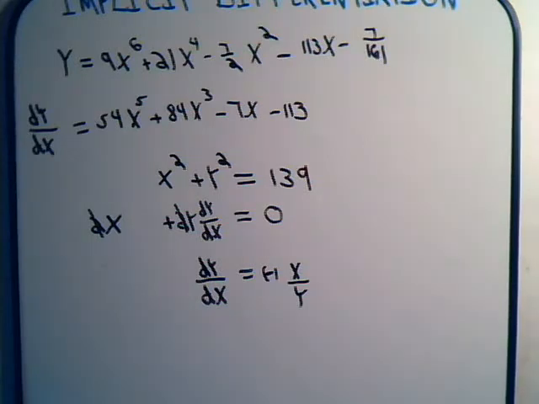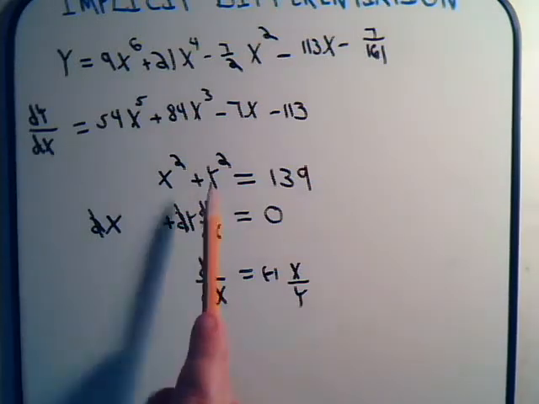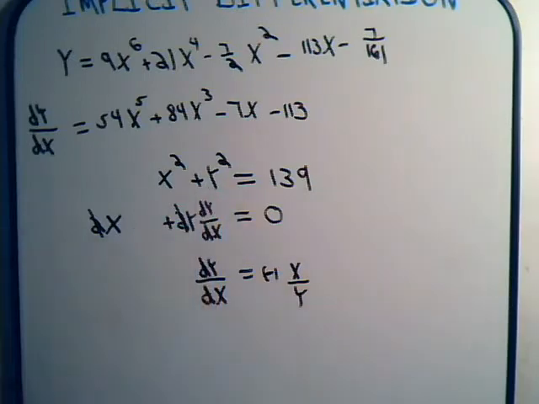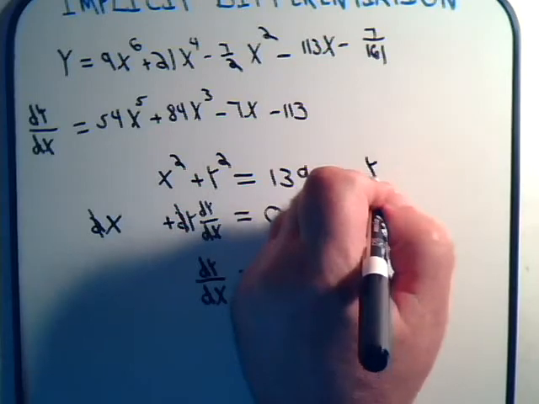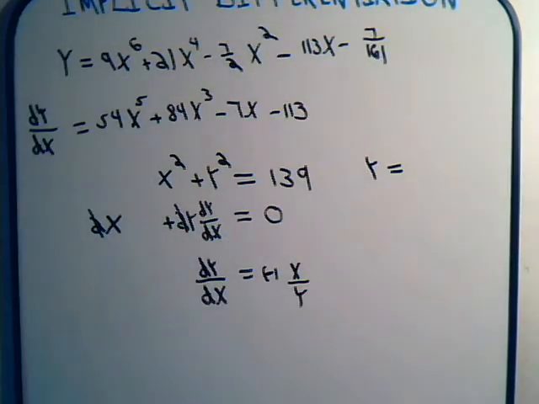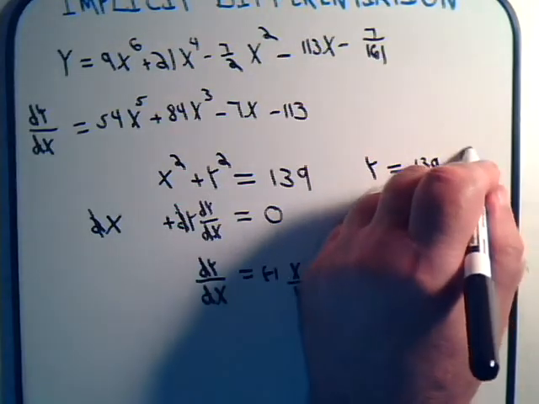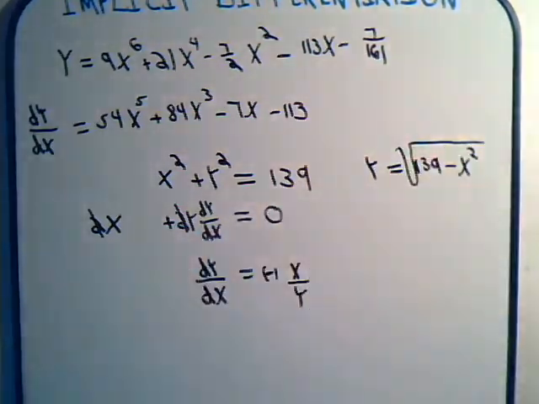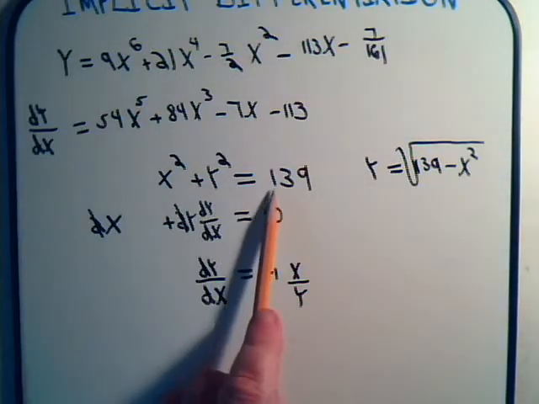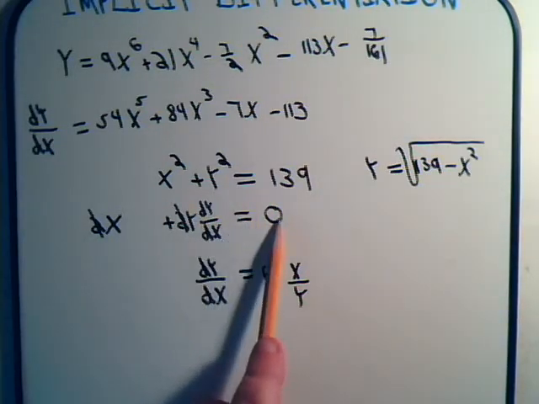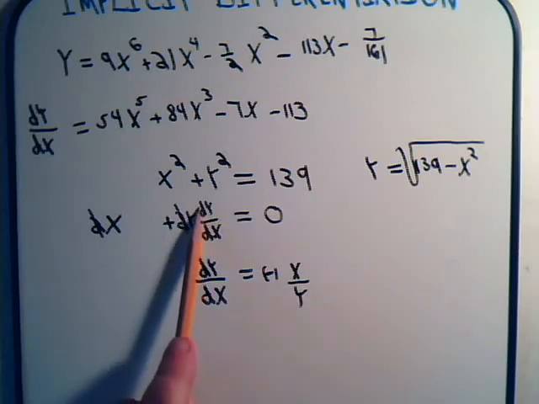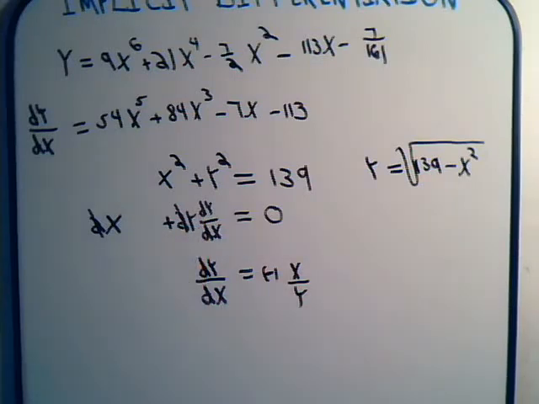The other way that we did it is we wrote this equation so that we had an explicit equation for y. We said y is equal to the square root of 139 minus x squared, and we went ahead and took our derivatives. Here we didn't do all of that. We just took the equation as it stood, took our derivatives, and almost immediately we could figure out what dy dx is.